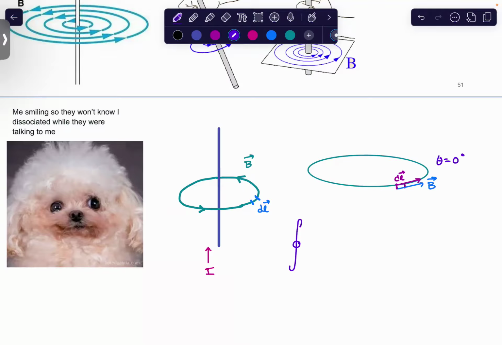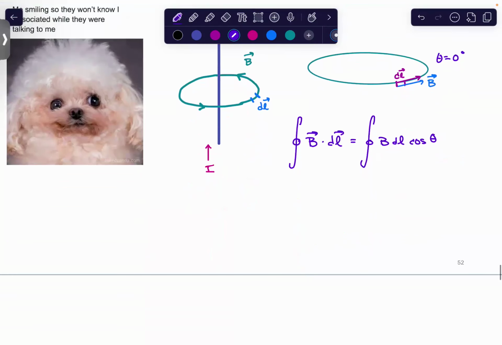Okay, so my B dot dL becomes B dL cosine of theta, which is B dL. From there, we're going to figure out what dL is real quick, and then we'll call it a day.